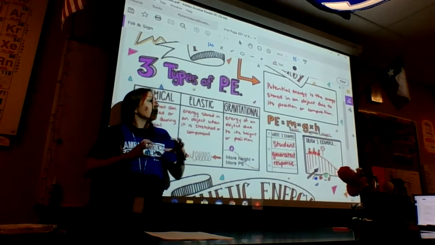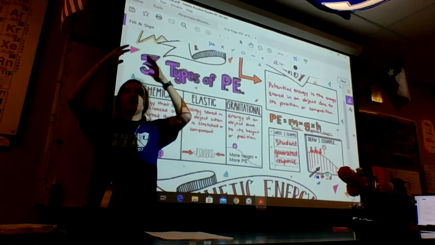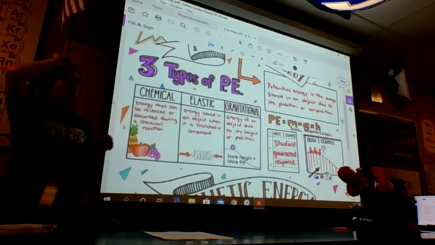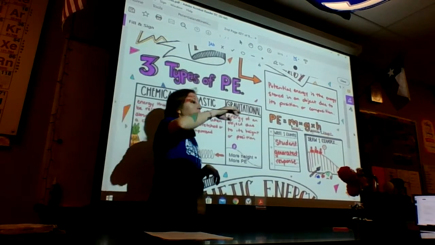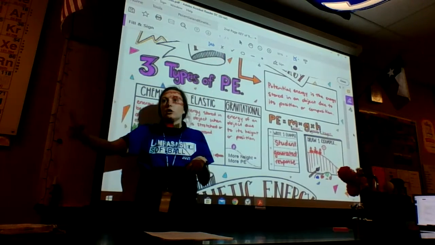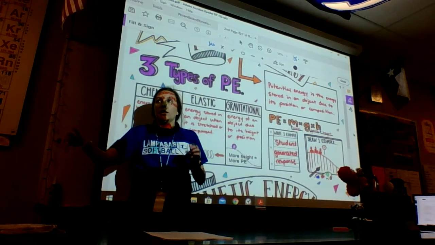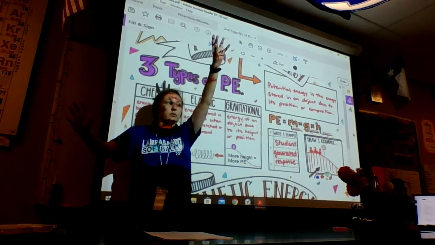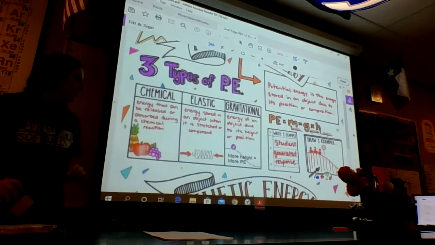So the tallest point has the most potential energy. If a roller coaster has a big loop and then a small loop, the top of this one has more potential energy than this one because it's taller.